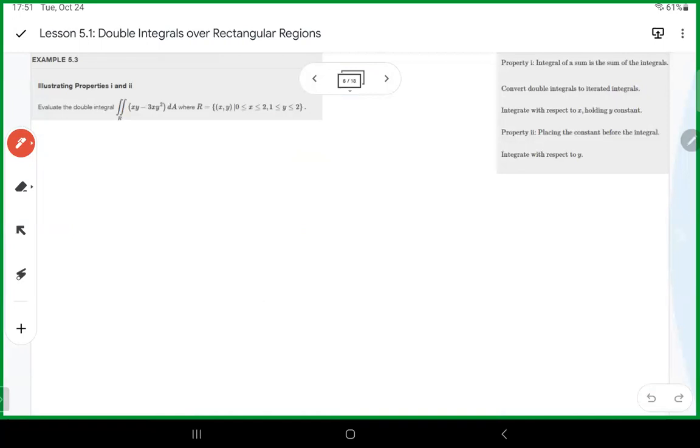So this function has 2 pieces. You can see the first piece is xy and the second piece is 3xy squared. Also, the second piece has the constant 3. So we want to notice how we're going to use properties 1 and 2 to help evaluate the double integral.